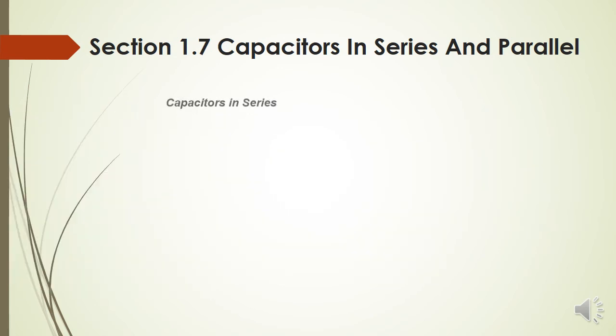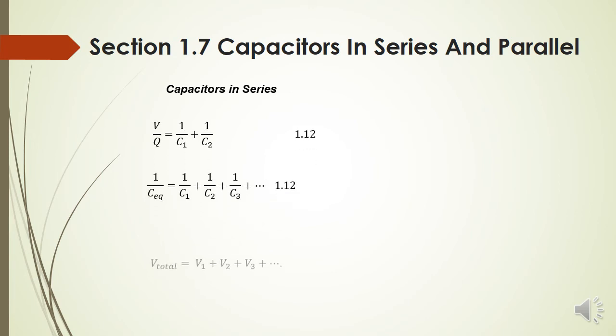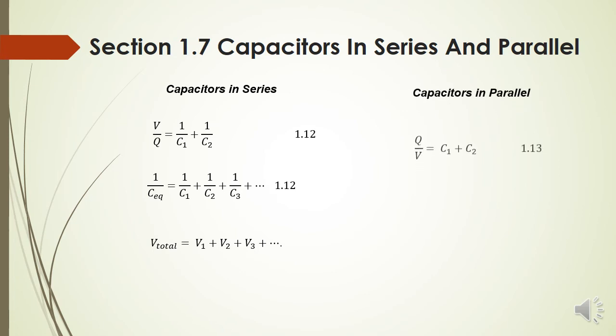Now, what's the difference between capacitors in series and capacitors in parallel? In series, the charge over voltage, Q over V, is equal to 1 over C1 plus 1 over C2, whereas in parallel, Q is equal to the combination of C1 and C2 and so on.